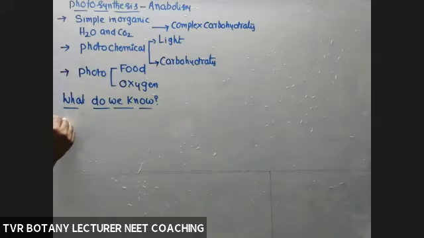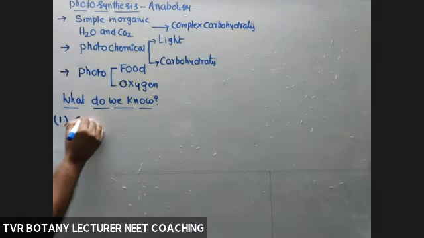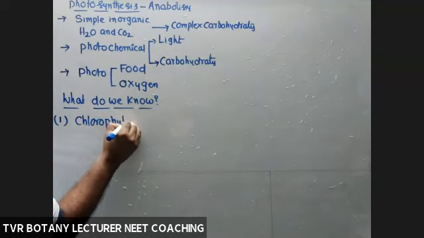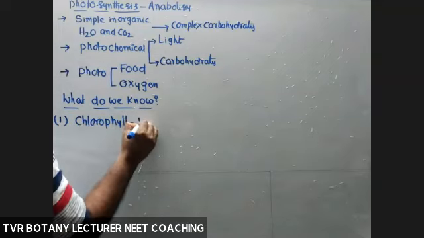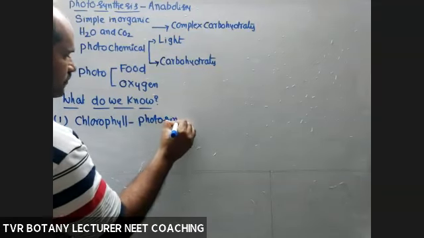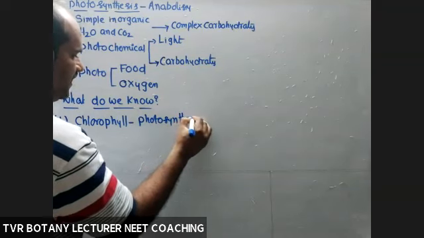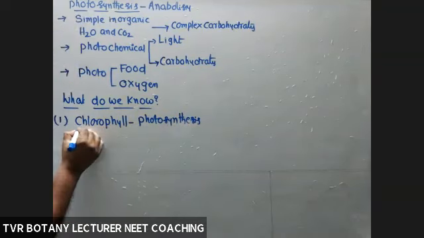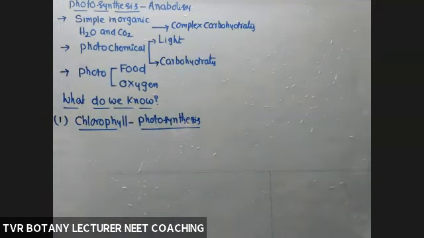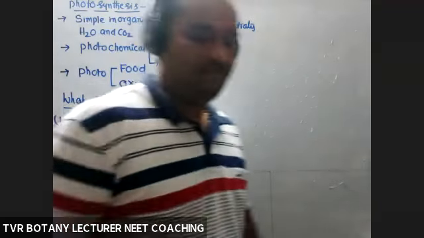So here, first one, chlorophyll is essential for photosynthesis. So what are the photosynthetic parts present in higher plants? Okay, so the major part is definitely the leaf.